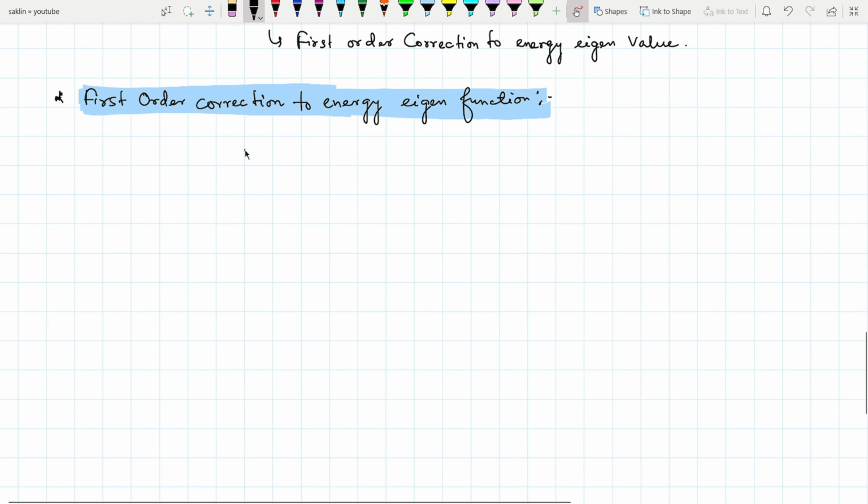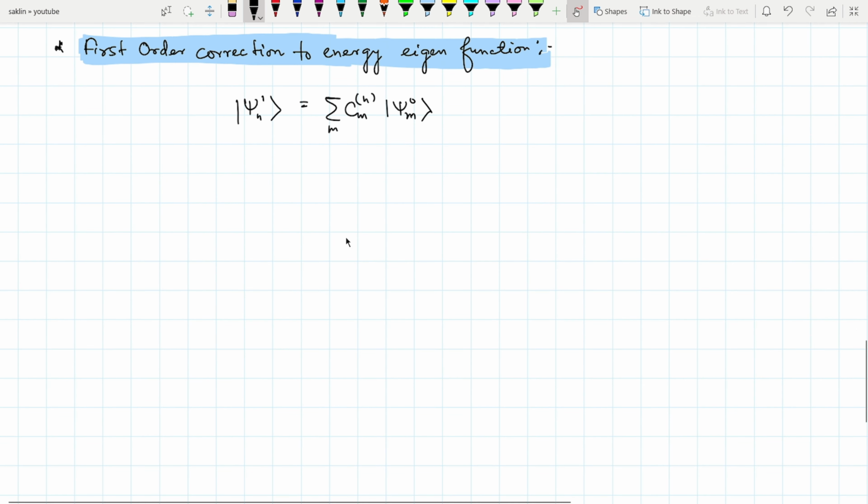So at first I am talking about the first order energy eigenfunctions. We can write it with the summation over m of Cm nth order, and that will be psi m0. It is known by us because the wave functions are a linear combination of the wave functions. You know that. This is not very difficult.